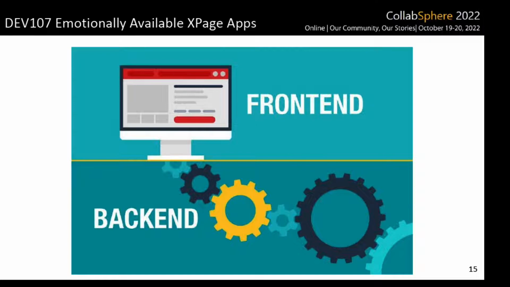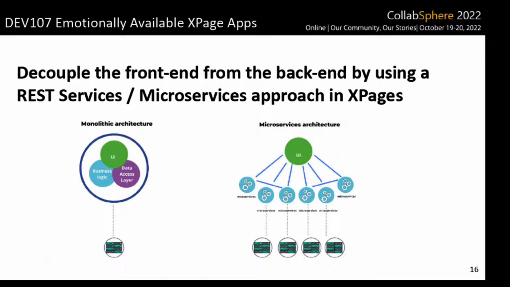And on the flip side of that is the back end shouldn't really care where it's getting its request from. All it needs to know is what is being asked of it, package up that request, and send back whatever information it's supposed to send back. So what that really means is we want to start developing using a microservice-oriented approach.